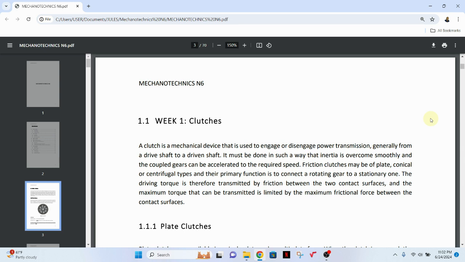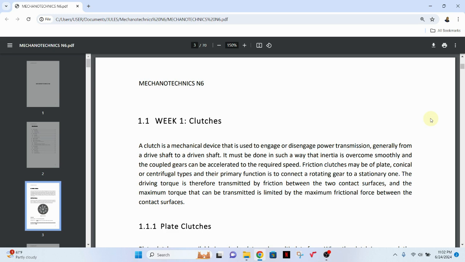But clutches and gearboxes make it possible to select the speed, the gear that we're going to drive with. And also, the gearbox has a setting that makes it possible to reverse the rotation of the shaft so that the vehicle can go backwards. So that is why gearboxes are very useful.